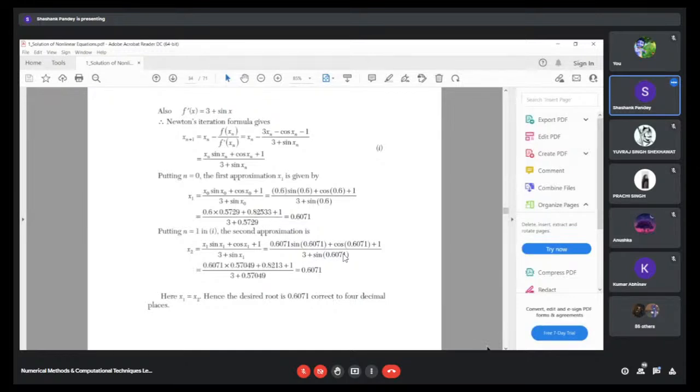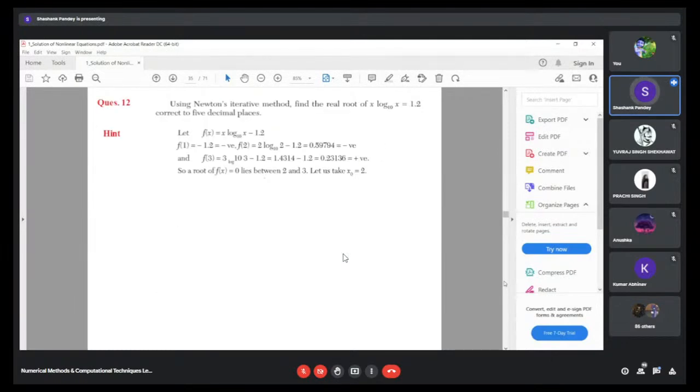Now we will proceed to the next problem. Let us see how many of you will give the answer. We have a question: using Newton's iterative method, find the real root of x log base 10 x is equal to 1.2, to 5 decimal places.